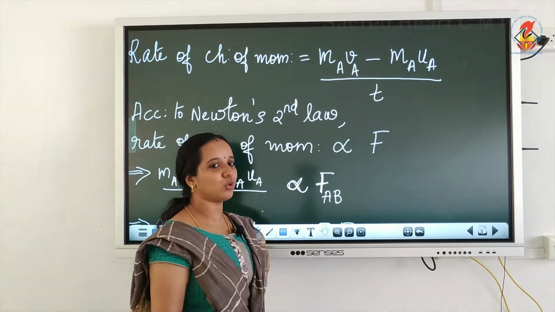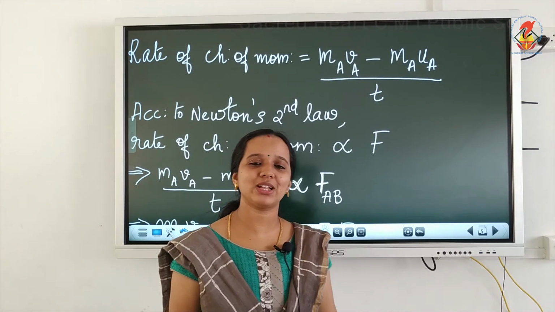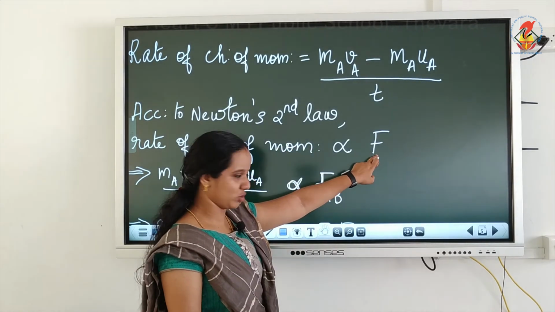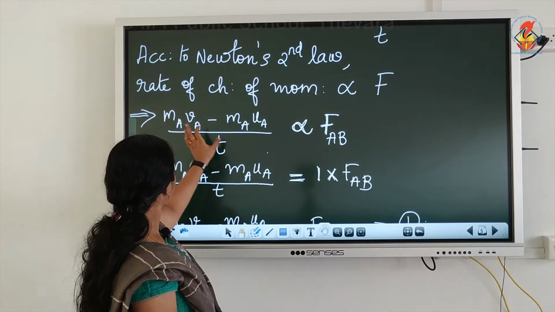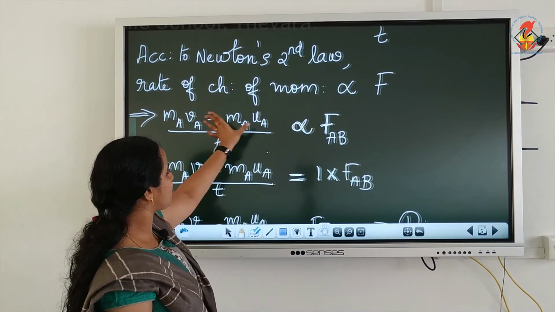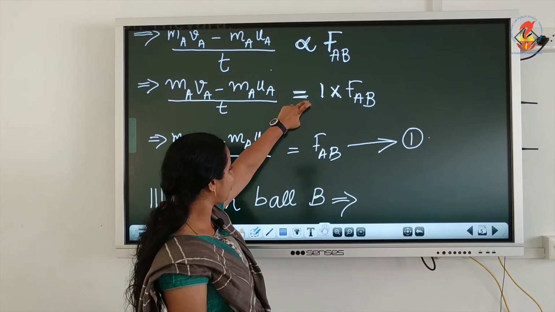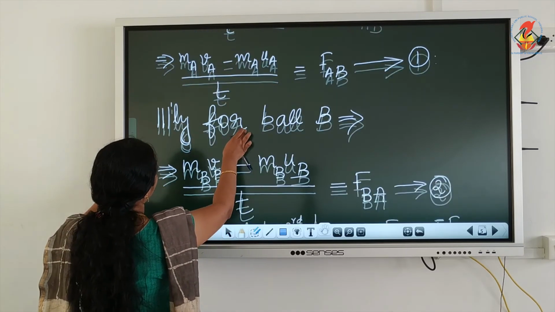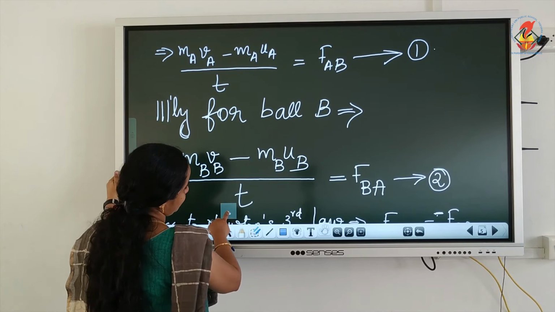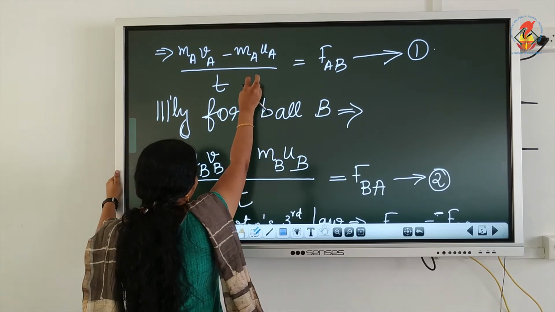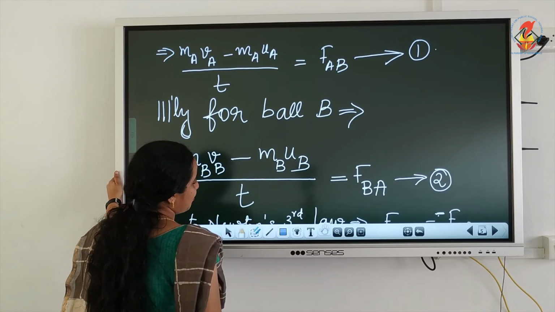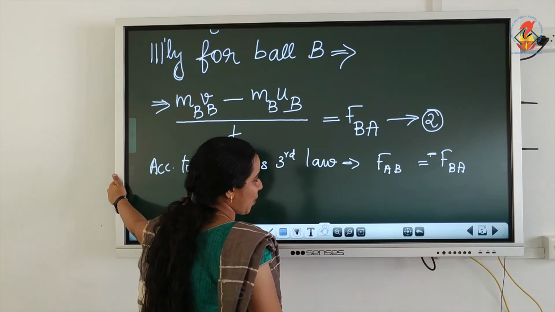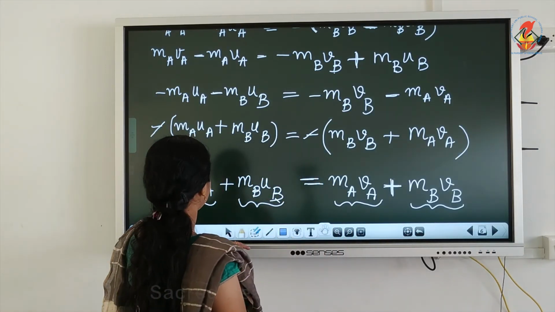Now, we are going to apply Newton's second law to that. According to Newton's second law, rate of change of momentum is proportional to force. We just substituted the equation for rate of change of momentum and the force, and we got the first equation for ball A. Similarly, we wrote a similar equation for ball B. So, we got two equations, one for ball A and one for ball B. Now, we know that according to Newton's third law, both the forces are equal but opposite in direction.